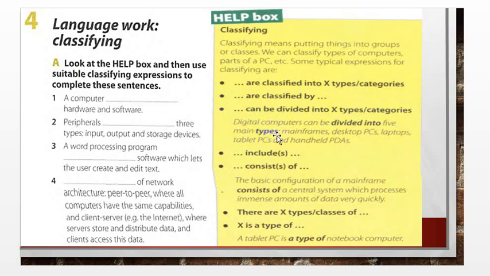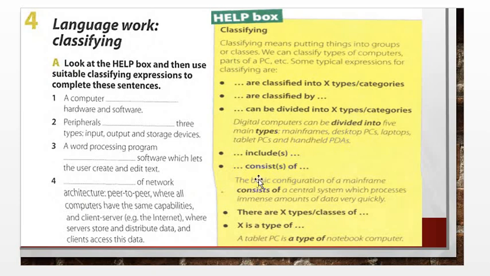Here is the example: digital cameras can be divided into 5 main types: mainframe, desktop PCs, laptops, tablet PCs, and handheld PDAs. Another expression for classifying is include or includes, consist or consist of. For example, the computer consists of many types.